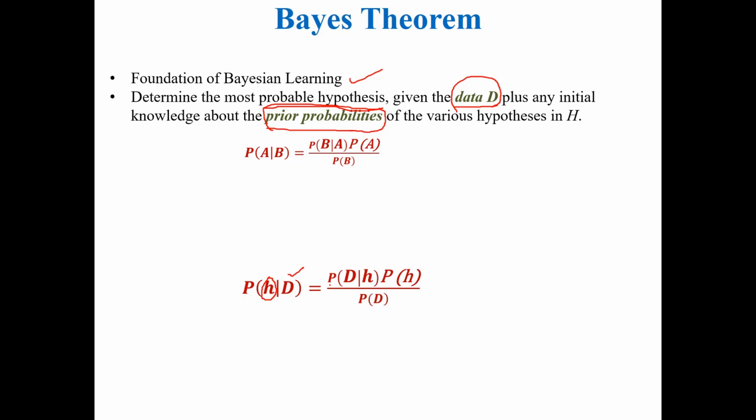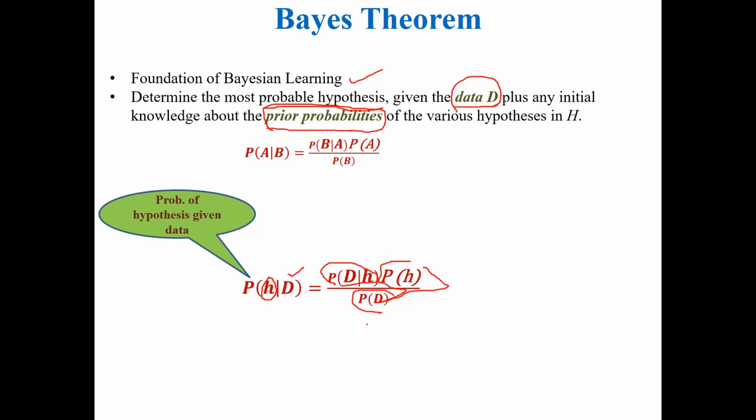For that we need the likelihood, the probability of the hypothesis, that is the prior probability, and the probability of the data. So what are these terms called in Bayes theorem? The first term, which we calculate, is the probability of hypothesis given data. Then this is the probability of data given that the hypothesis is true.